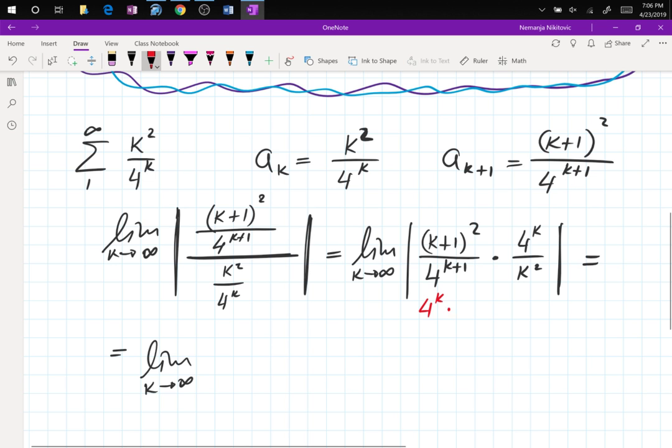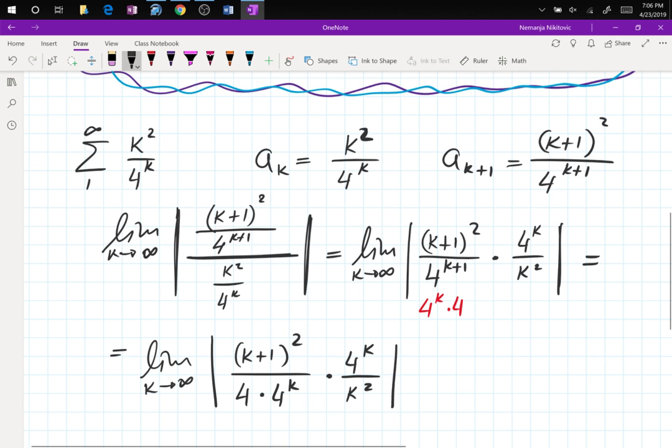This is 4 to the k times 4 to the first power. You peel it off. This is what's going to create your cancellation. And then you just have to take the limit of the polynomial, which is a joke. So what I have is (k+1) squared divided by 4 times 4 to the k times 4 to the k over k squared. This is where 4 to the k dies.